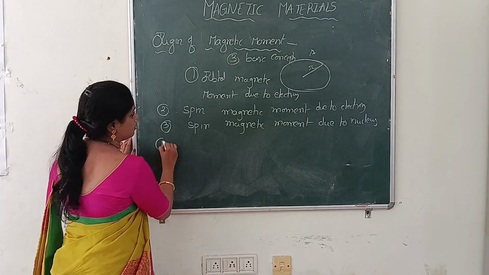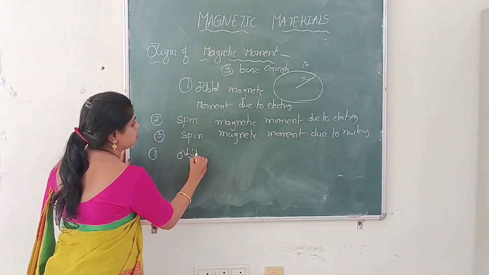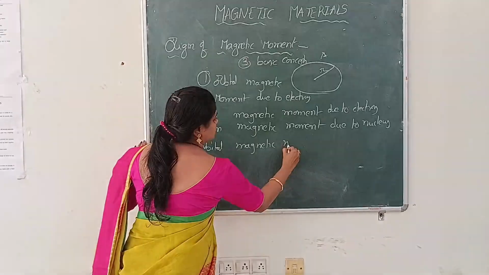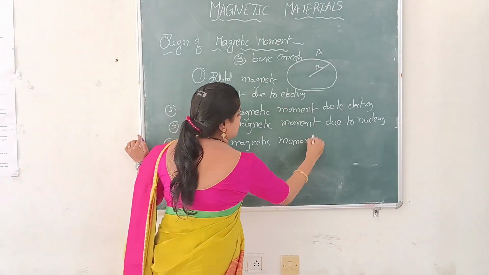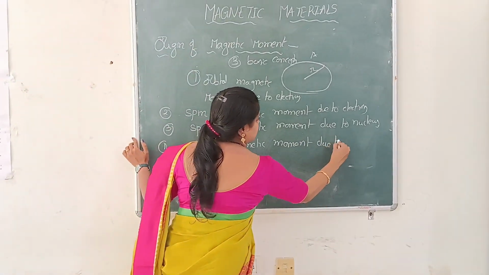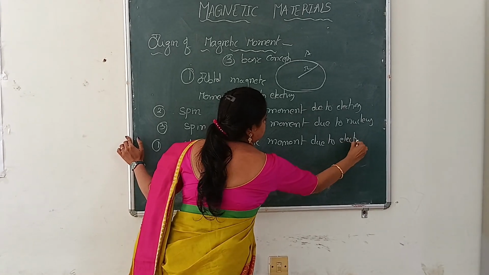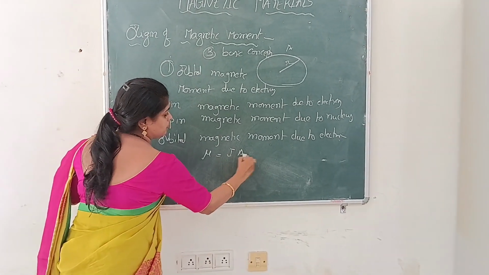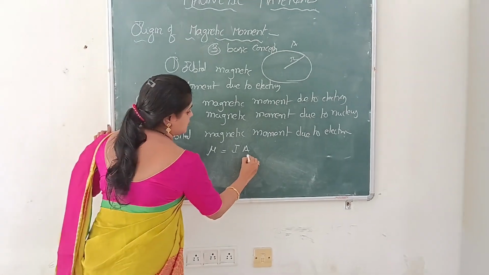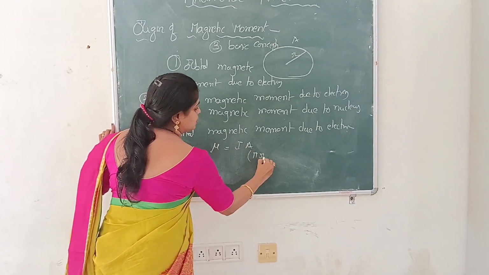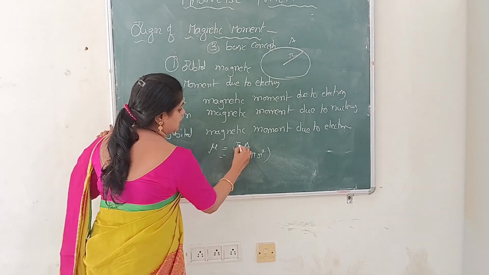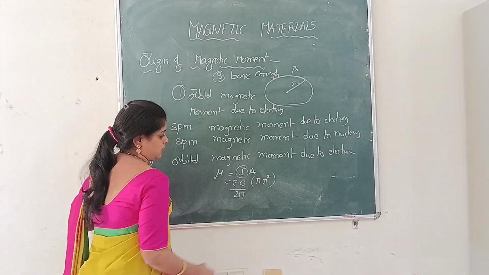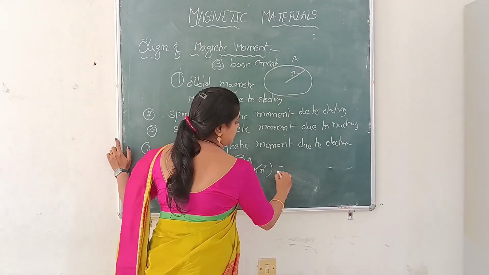Coming to the first one, orbital magnetic movement due to electrons. Here mu equals I A. What is the area of cross section? A equals pi r square. Here I equals e omega by 2 pi, so pi gets cancelled.